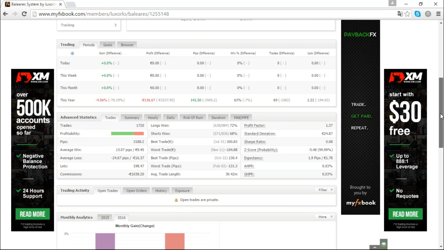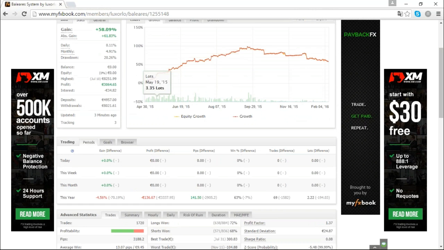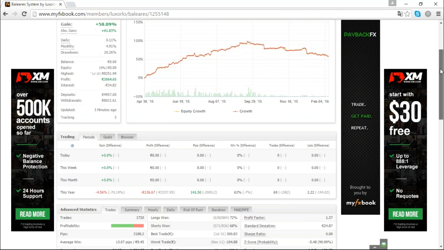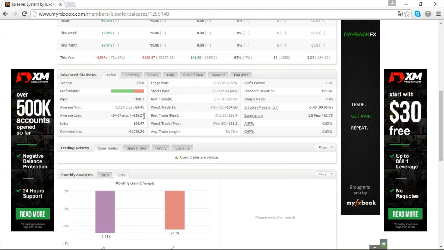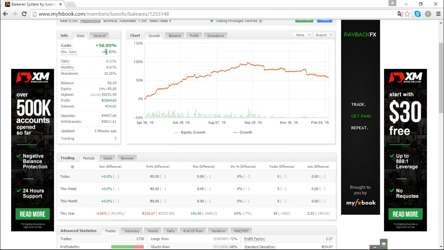So they were having a 5 grand account, and they were just risking 16 euros, which is actually 0.3% risk on every trade. That's nothing to get to this very good result, which is 62% over this period of time, with quite an okay drawdown and a 5% monthly earning on average.